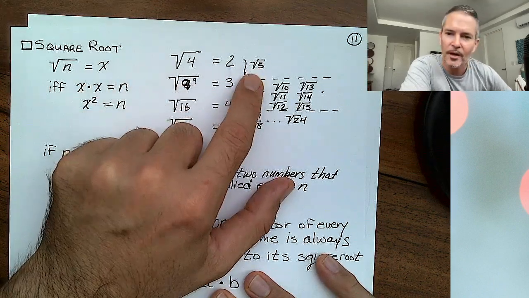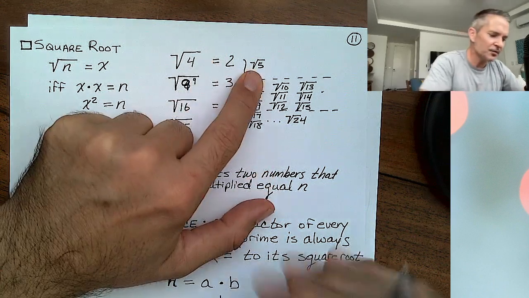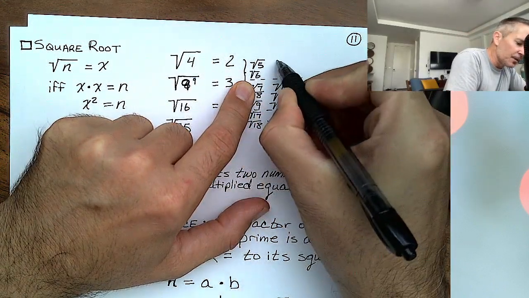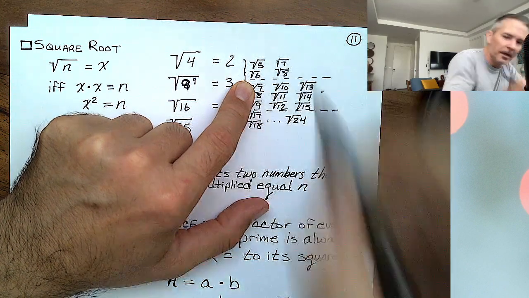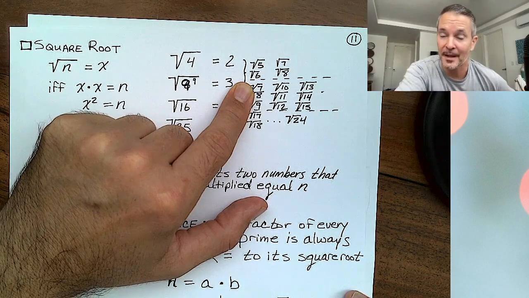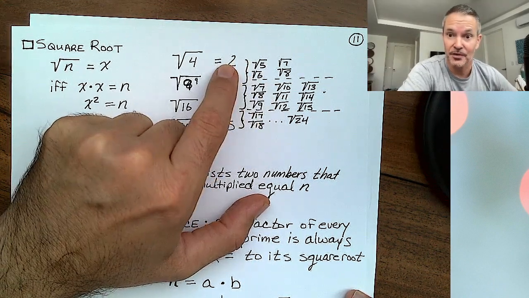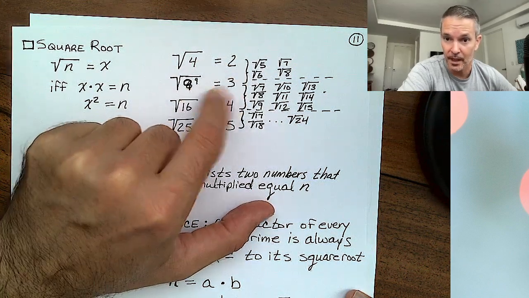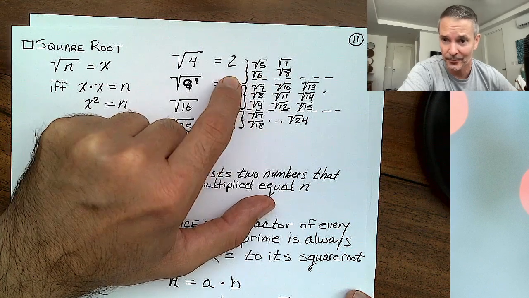Now, what about all the numbers that come in between? Okay, what's the square root of 5? What's the square root of 6? What's the square root of 7? What's the square root of 8? Okay? Well, I don't know it off the top of my head, but whatever the square root of these numbers is, it must be between 2 and 3, because 3 is the square root of 9, so whatever the square roots of these numbers are, it has to be less than 3.